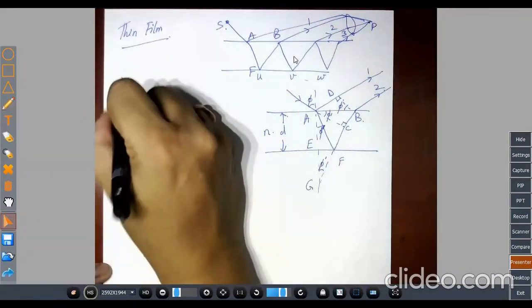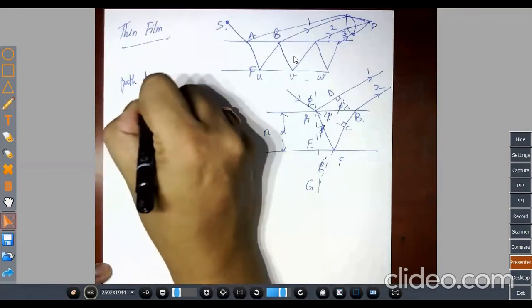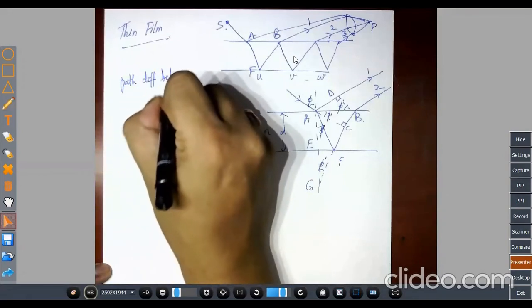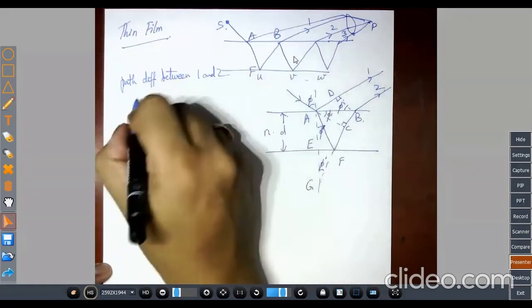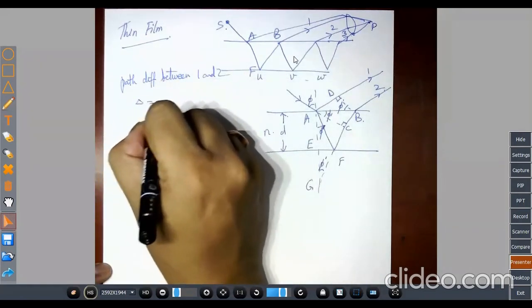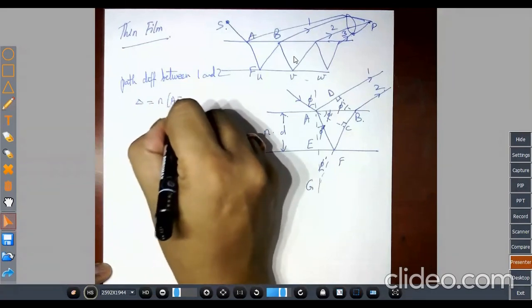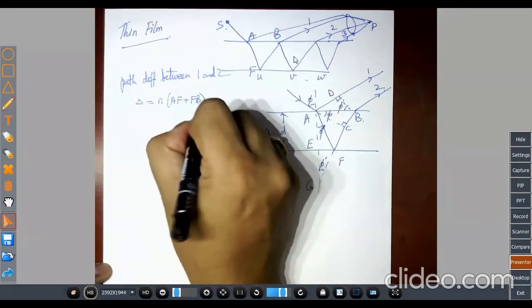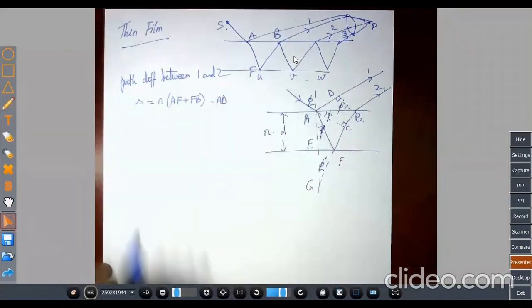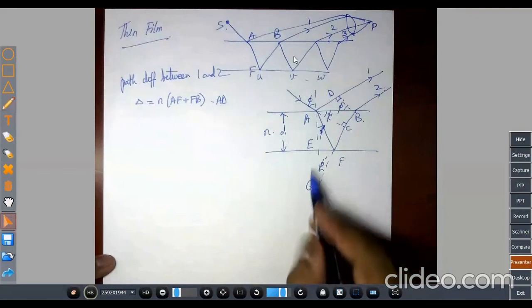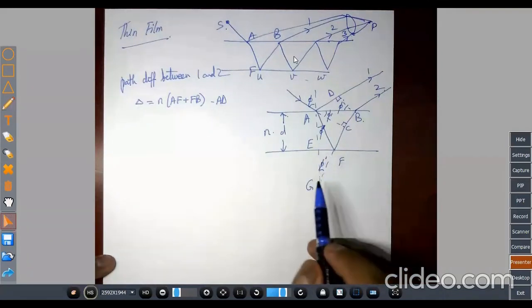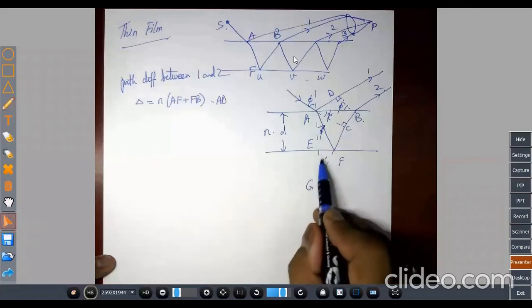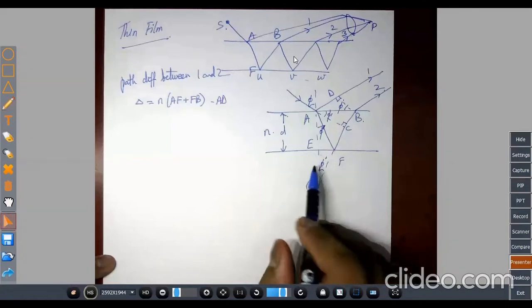So the path difference between 1 and 2. Now consider these two triangles. These are equal angles. This is common. This is 90 degrees. This is 90 degrees. So they are congruent triangles.